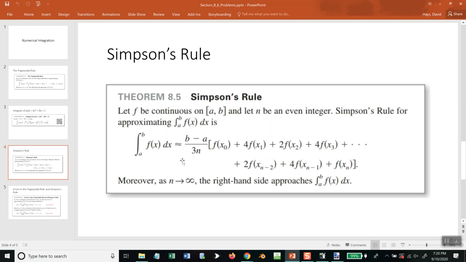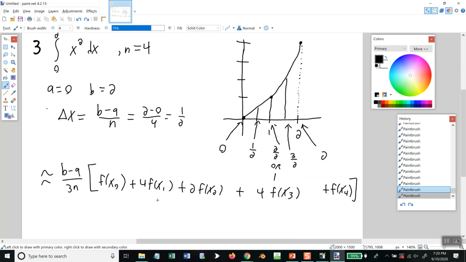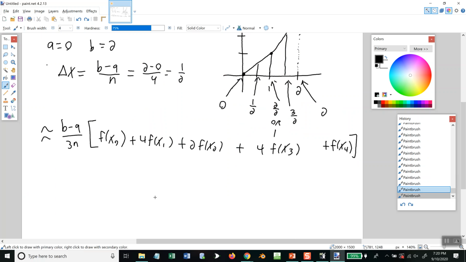But in order for this alternating to work, because it has to start with a 4 and has to end with a 4 here, then you have to have an even number. Okay, so remember, this is our x naught, x1, x2, x3, and x4.